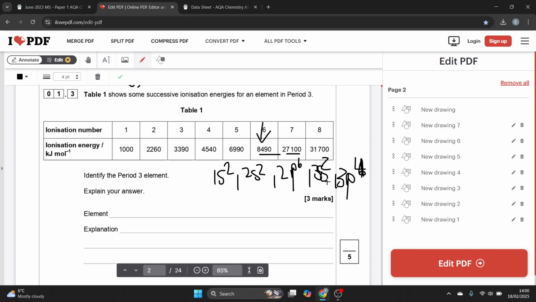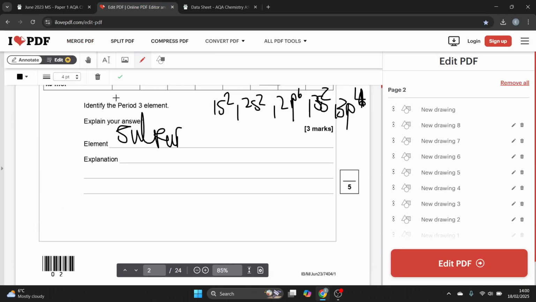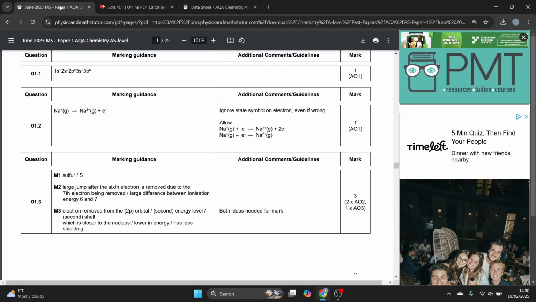When 6 electrons are removed, 1s2, 2s2, 2p6, and yeah, it's going to be sulfur, and then this bit, because large jump after 6 electrons removed. Large jump after the 6th electron is removed.